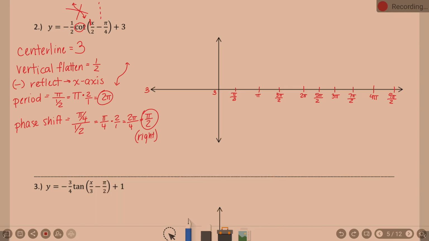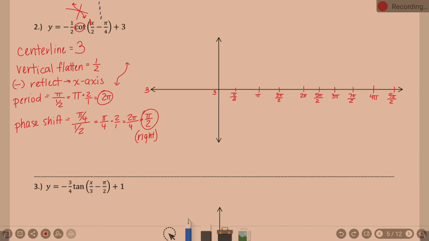Okay. We're graphing a cotangent curve. Cotangent starts with an asymptote. It starts with an asymptote at the y-axis. But, what's the but? We're going to phase shift that asymptote where?